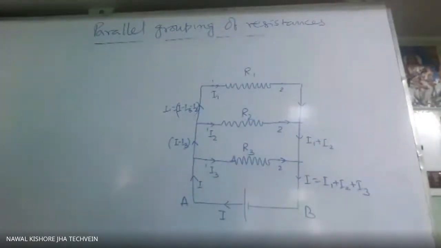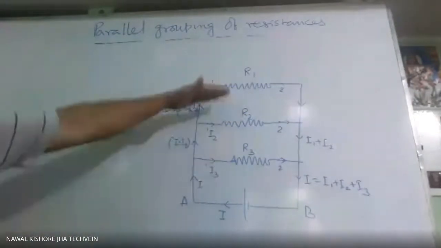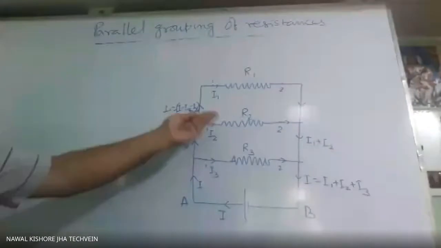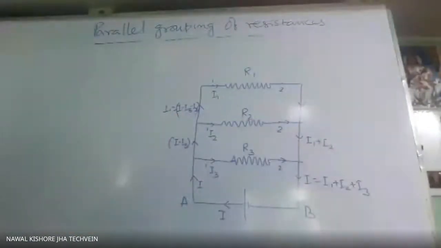So, in parallel grouping, current will be divided into different branches. Suppose only three are there, so it will be divided into three branches. If only two are there, then it will be divided into two branches or two parts.